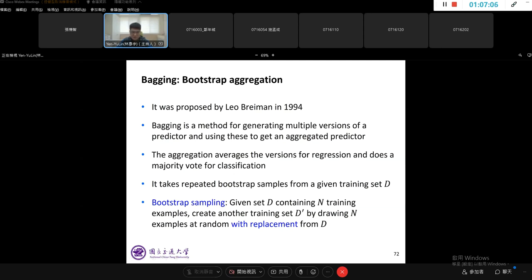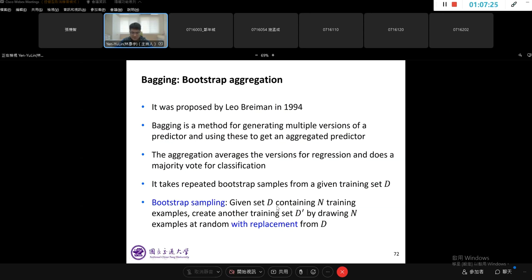However, how do we generate multiple different and even complementary decision trees? So bagging implements a specific technique called bootstrap sampling.